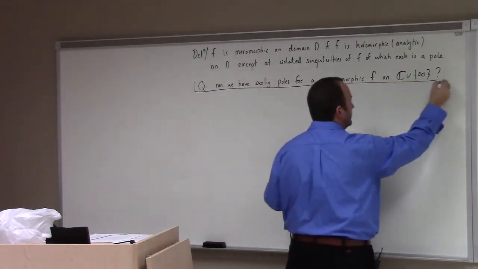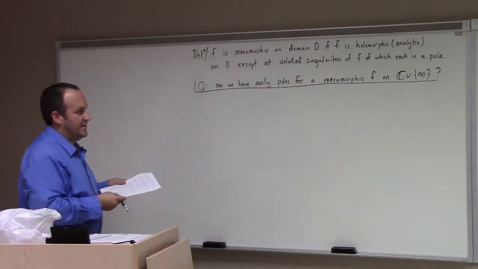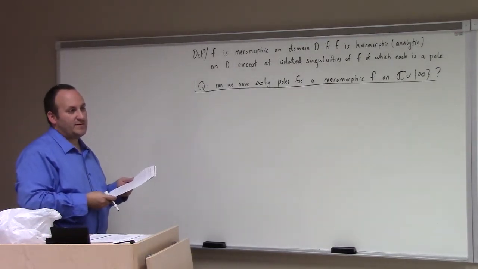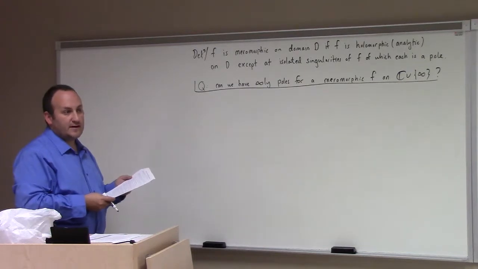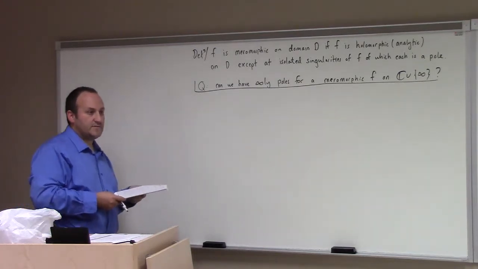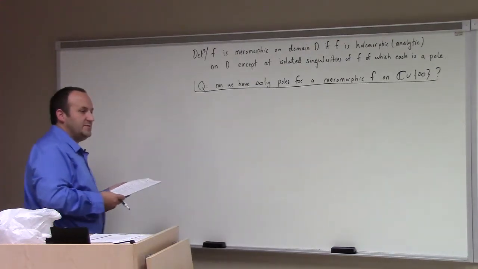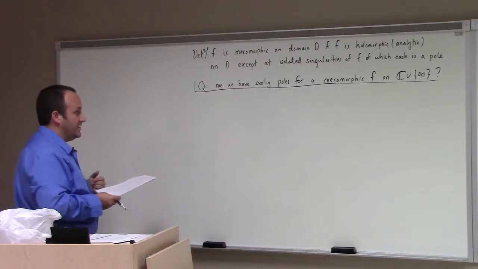Sam says no, because there's some argument involving compactness. I'm tempted to believe him because I've got rattling around in my brain that the meromorphic functions on the extended complex plane are rational functions, and any rational function has a finite number of poles. So I want to believe, but anyway, I'm going to continue on with the notes at the moment.